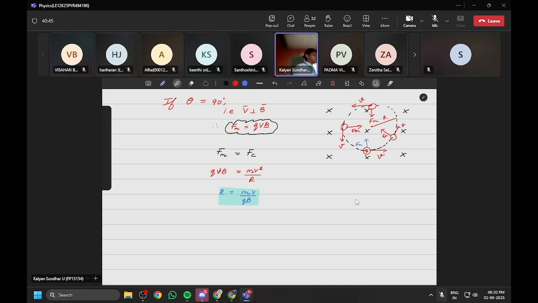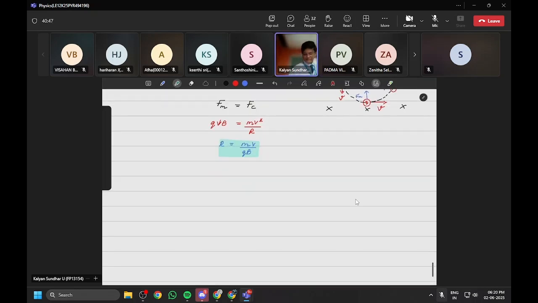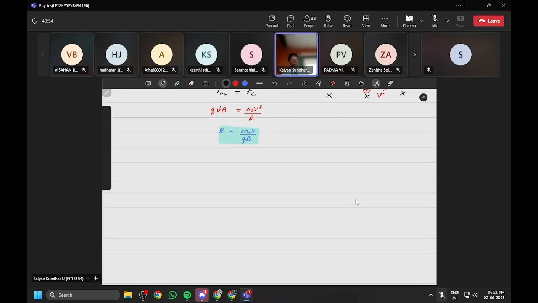This is the radius of this path. Next comes your time period, that is, how long it keeps revolving inside this particular region. So what is the time period formula? 2 pi by omega. What is omega? v by r.